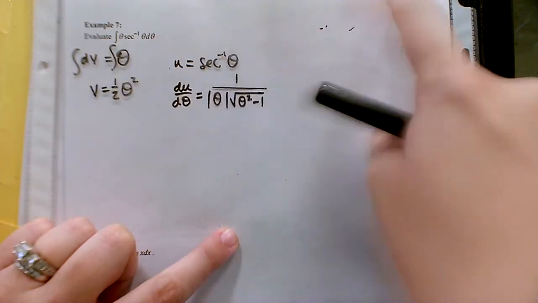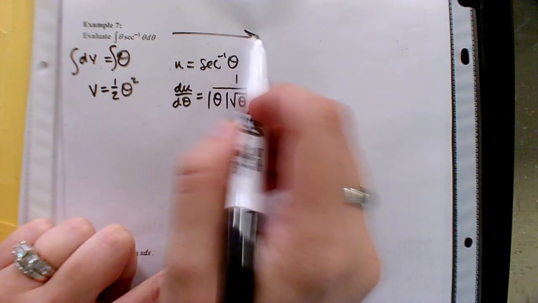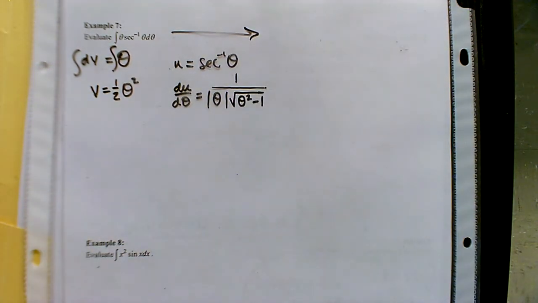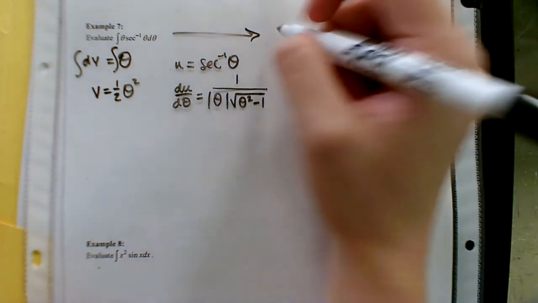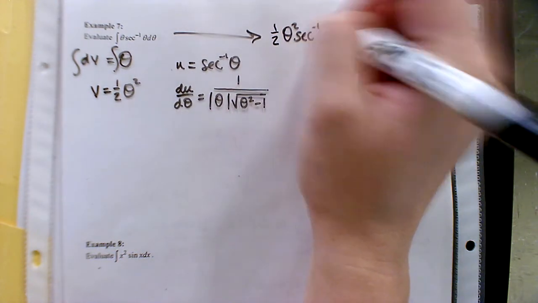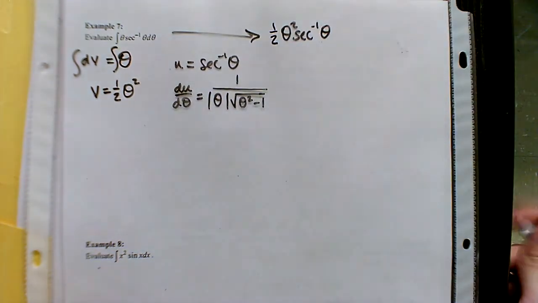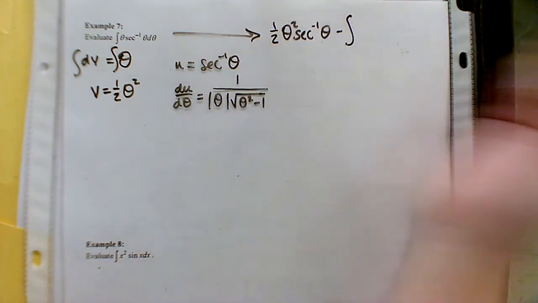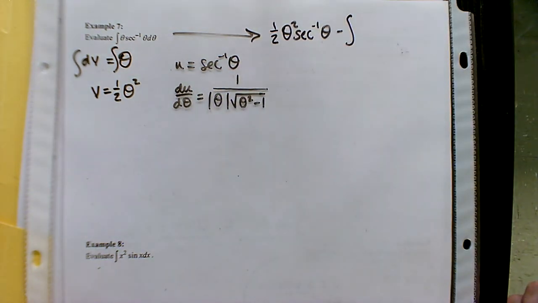All right, let's go ahead. Now that we have our pieces, we'll go ahead and use our by parts. We need u times v, whatever order you want to write it in, minus the integral of v du.